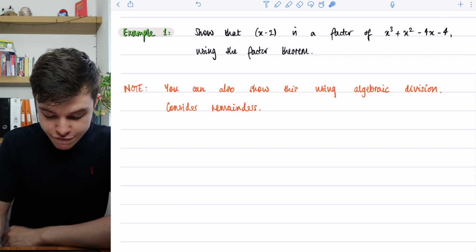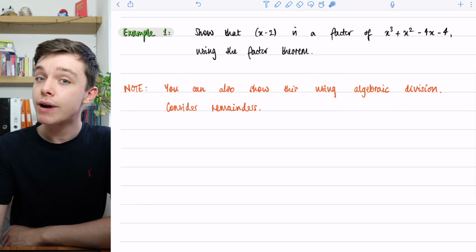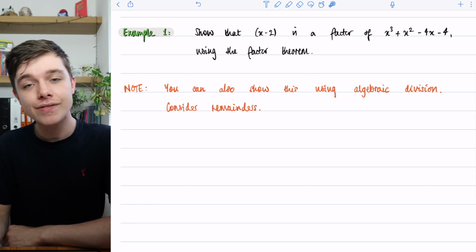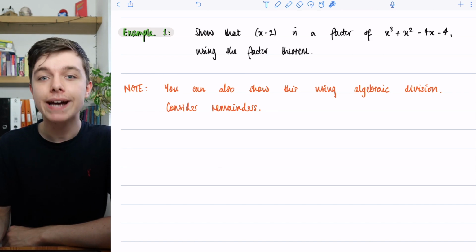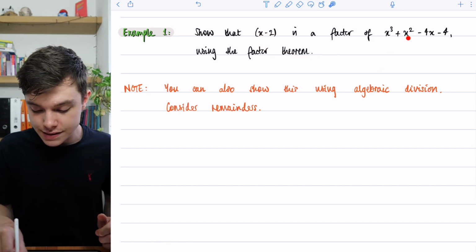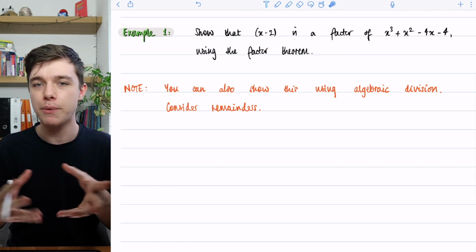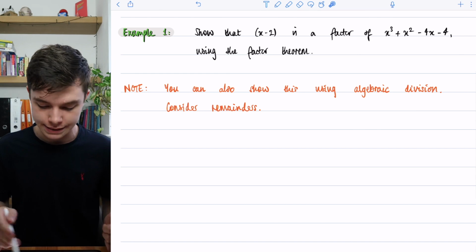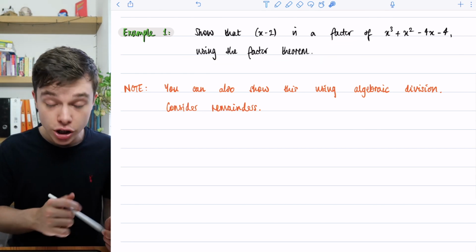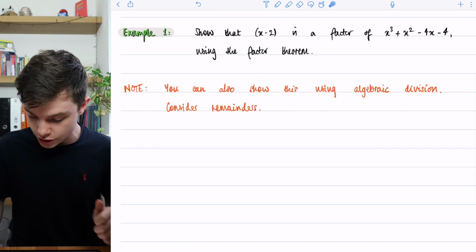Okay, I'm going to do it by factor theorem. If you did it by algebraic division, just for your own sake, then you would have got a remainder of 0. And because you've got a remainder of 0, that clearly shows that x minus 2 goes into this cubic nicely, with remainder 0 is what I mean by nicely, and so it definitely is a factor. But in the question, we're being asked to use the factor theorem, so we need to do that.